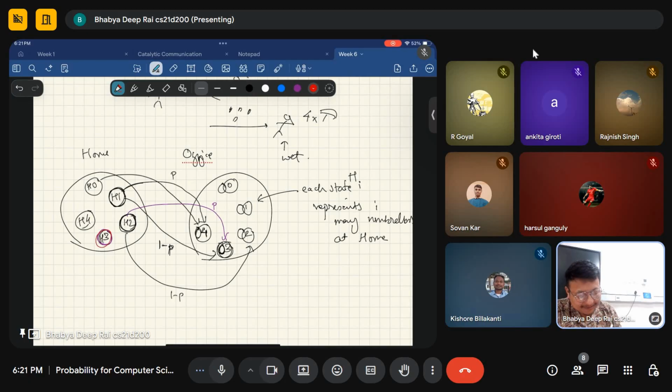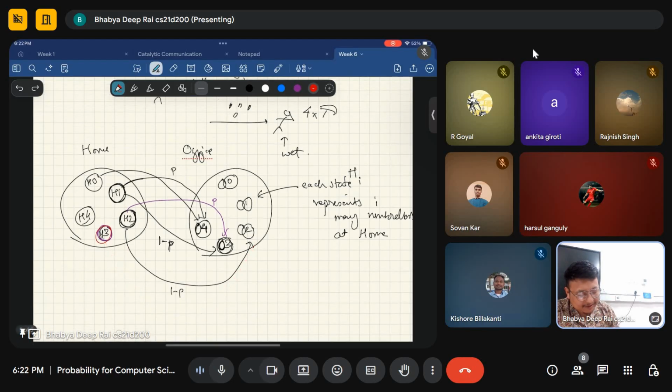Okay, good. So if you are at H3 and you take an umbrella, you move to O4 with probability P. Oh, sorry, what am I saying? It cannot be O4. There is one umbrella at the office, so you need to move to O2.